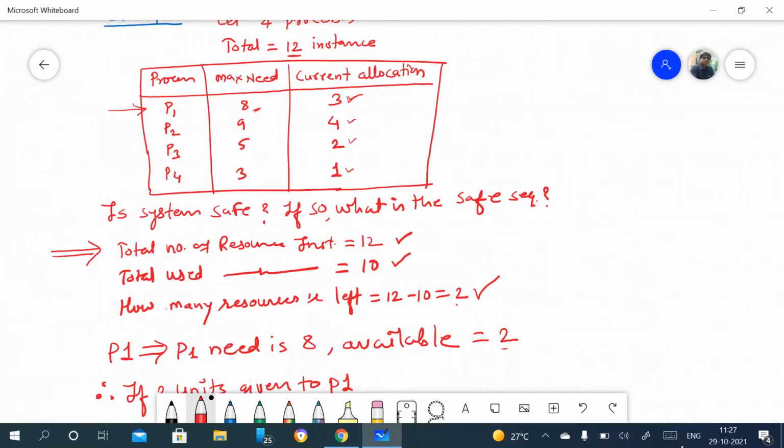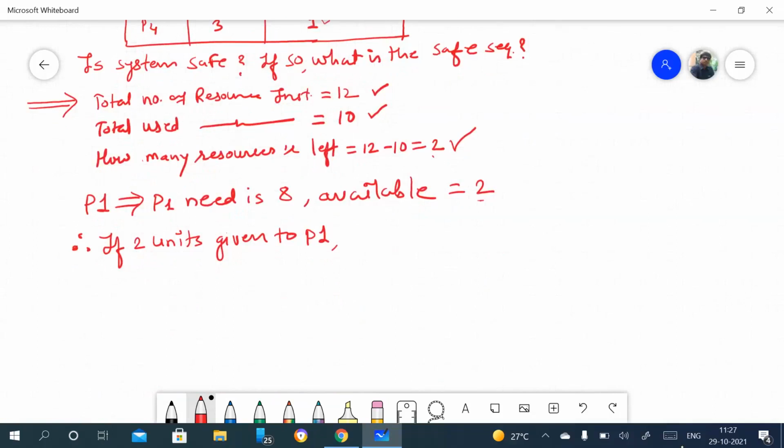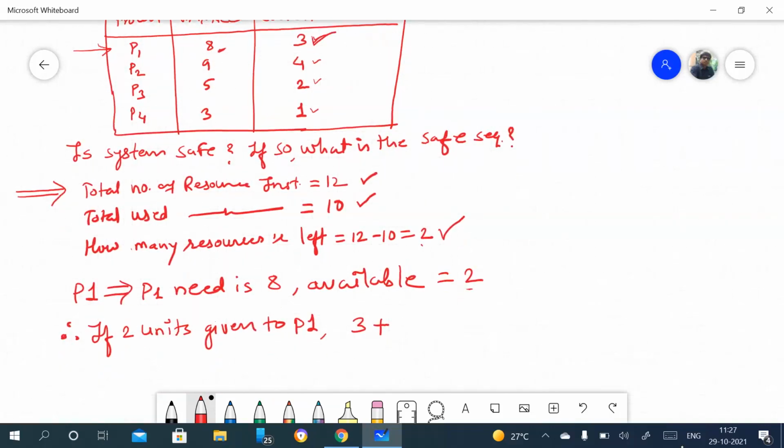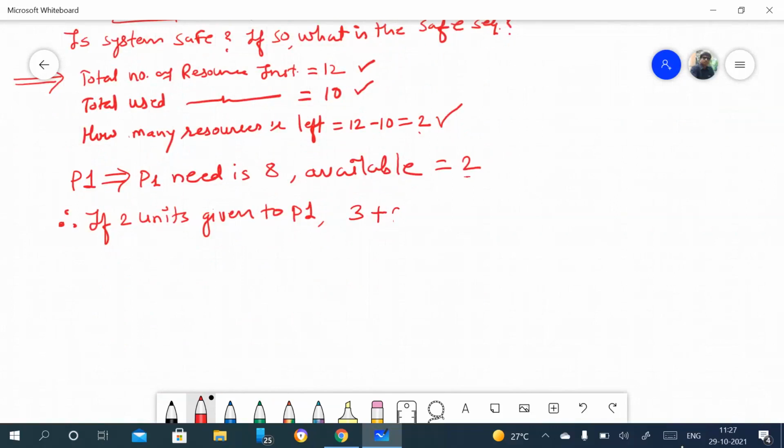But is that number satisfying this side, because the P1 requirement is 8, right? Here 3 are there and we are giving 2. So that becomes 5, right?